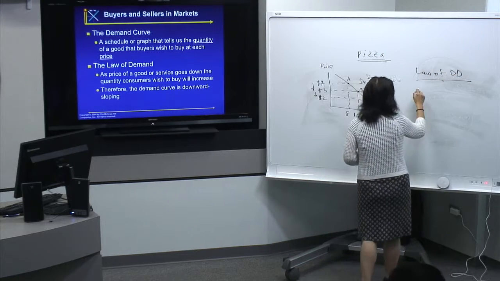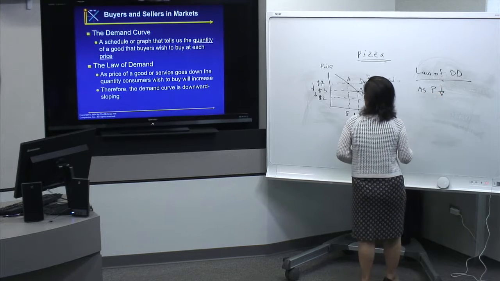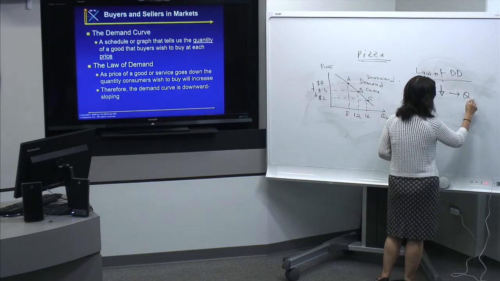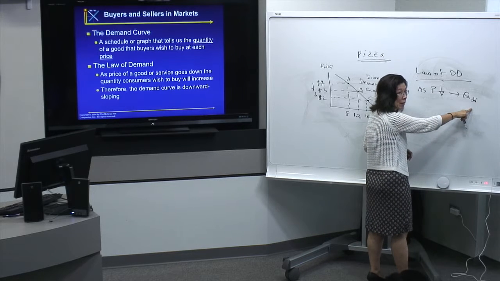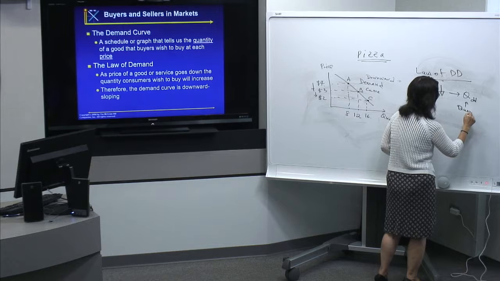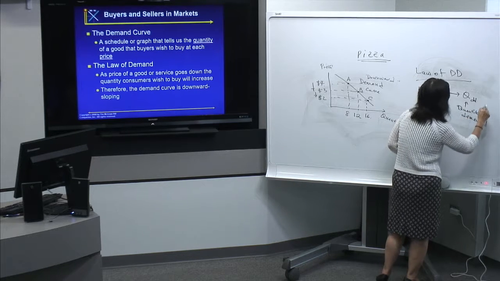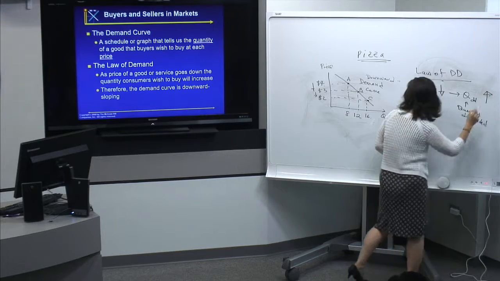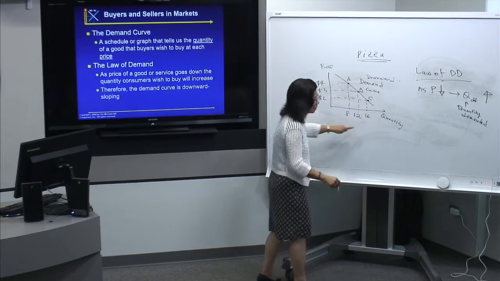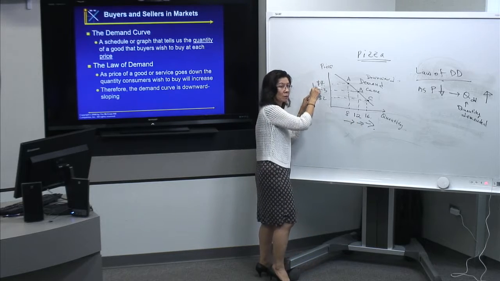As price goes down, the quantity consumers want to buy, that's quantity demanded in English, goes up, right? From 8 to 12 to 16, as the price comes down from 4 to 3 to 2.